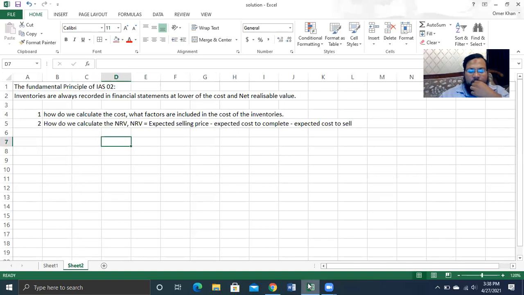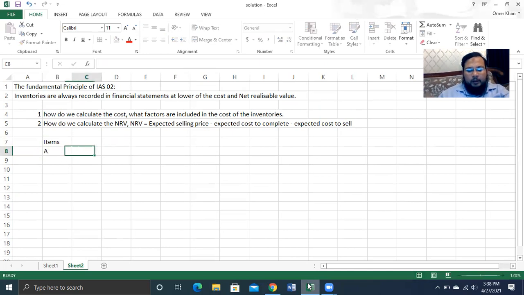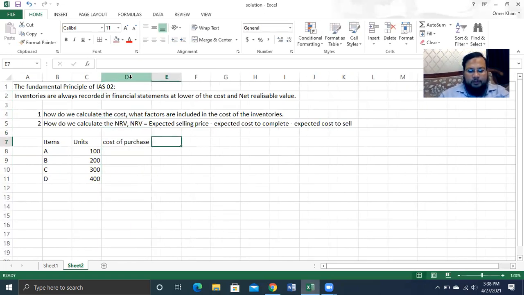I'll give you some practical exposure and I will tell you why we do that. Let's suppose we have items in inventory A, B, C, D, and we have also got the units. Let's say 100 units, 200 units, 300 units, 400 units. And the question provides us cost of purchase. Then the question also provides us cost of conversion.